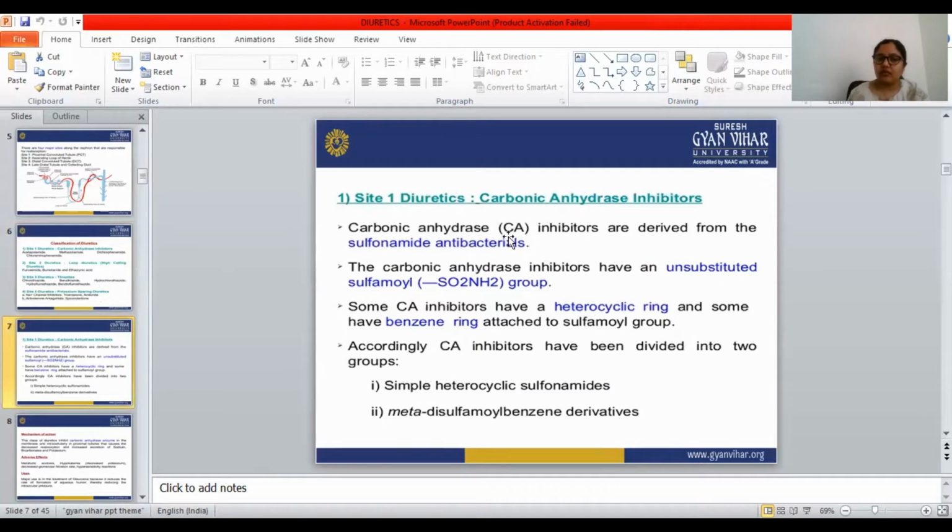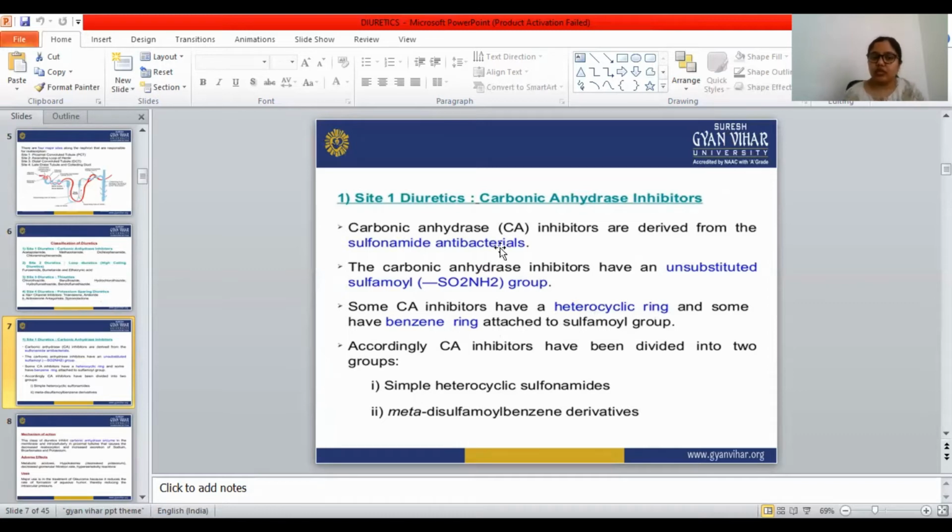They have an unsubstituted sulfonyl group, that is the SO2NH2 group. And they have a heterocyclic ring, and some have a benzene ring attached to the sulfonyl group.